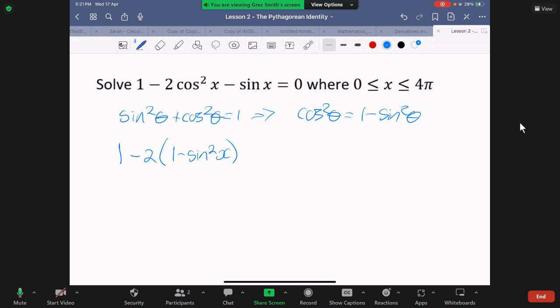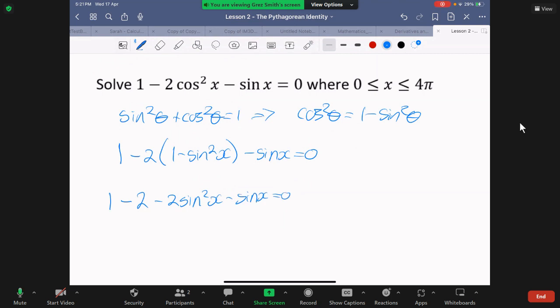I'm using theta in the identity to make it separate from the x in the actual equation. And then I'm in terms of x now. Expand the bracket. I've got 1 minus 2 sine squared x minus sine x equals 0.